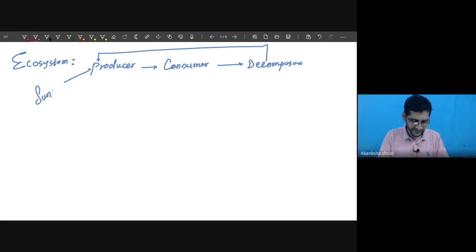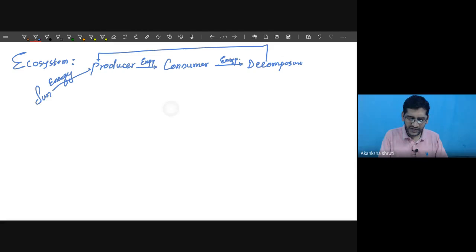It is this one for energy. And from producer to consumer, though it is taken in the form of food, still the energy is being given here. Okay, all these are the flow of energy.